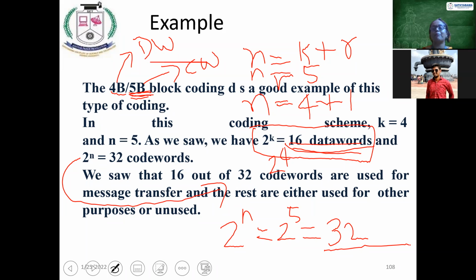They don't have any other purpose, because we want to check whether my received bit is correct or not. That's why we are adding the redundancy bit. Only 16 data words are there, and out of the 32 code words the remaining 16 are unused. Have you understood? This is the best way to explain 4-bit/5-bit block coding. Are you clear, ma'am?